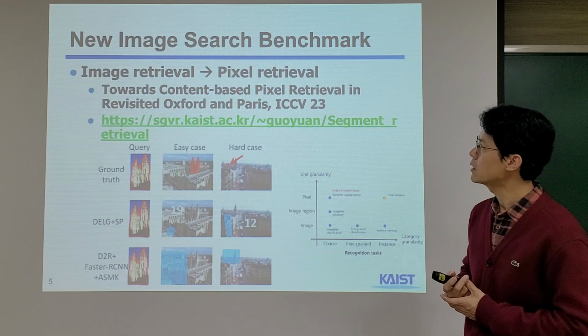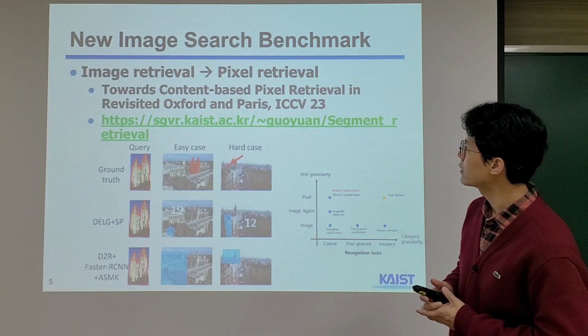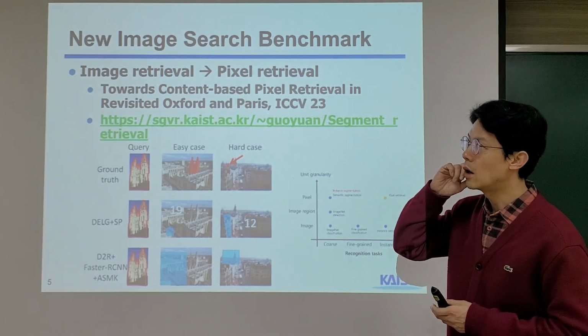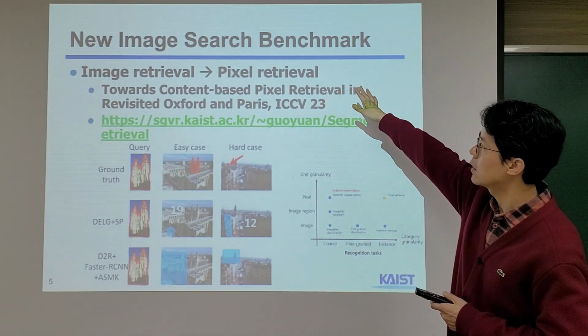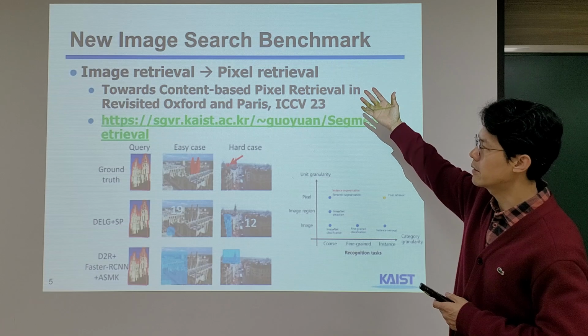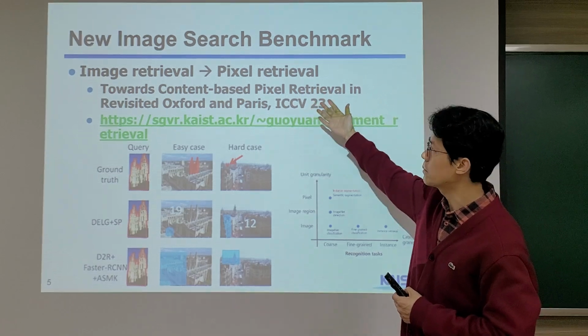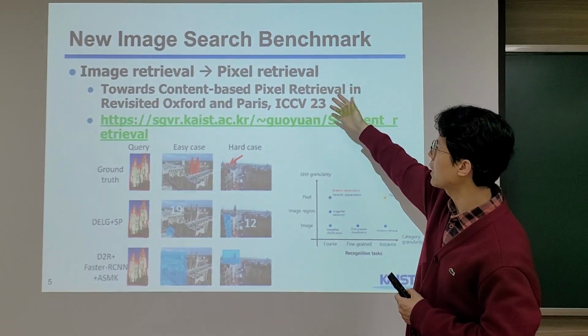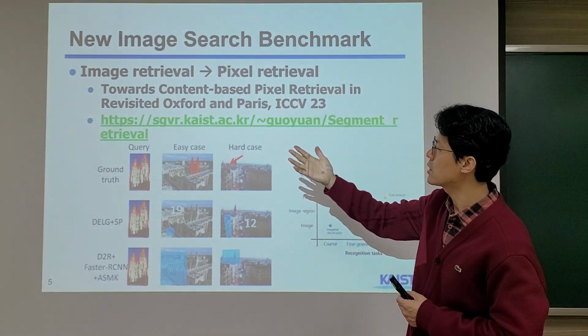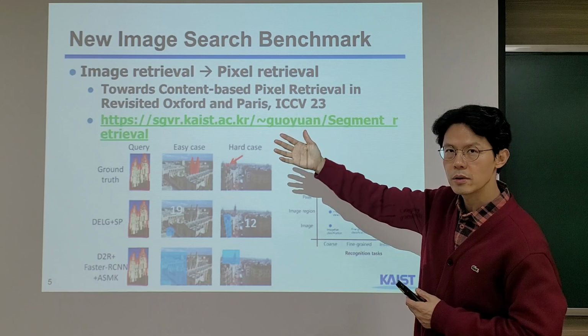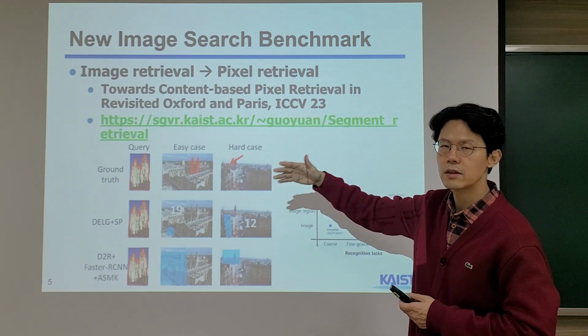Also, at ICCV 23 last year, we released a new image search benchmark. We named it the pixel retrieval benchmark. Prior image search techniques identify similar images given the query image.